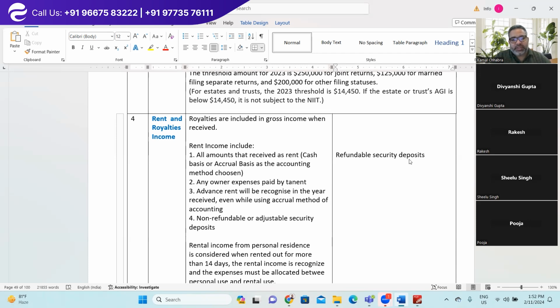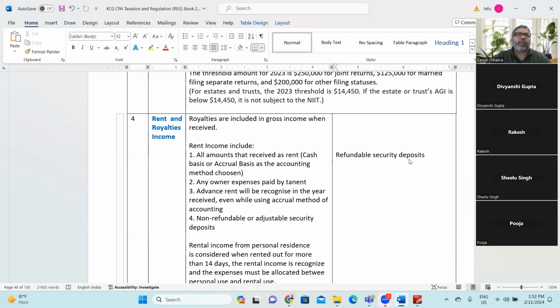Any owner expense paid by the tenant is also considered rent. Advance rent will be recognized in the year received even while using the accrual method of accounting. So if you receive any advance rent, despite using the accrual method, it is subject to tax in the same year.